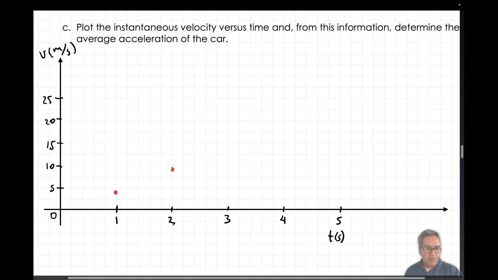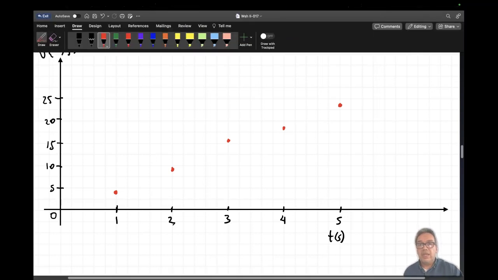For 3, you have 15.91. That's close to this. Then 18.33. So that's 5, 10, 15. 18 is about here. And 23.08. 5, 10, 15, 20, 23 is approximately here. And so, yes, it does look a little bit like a line.